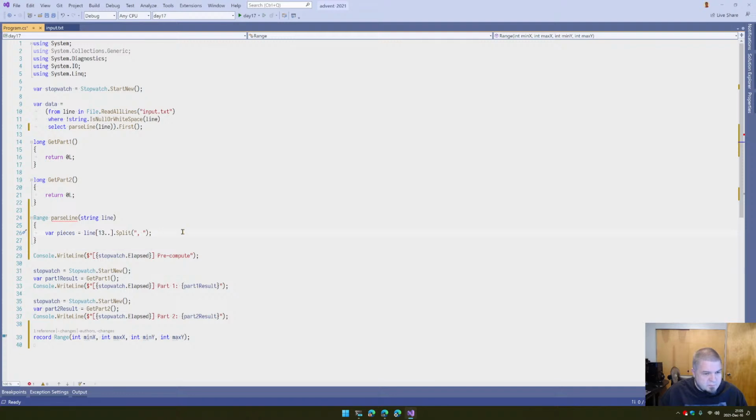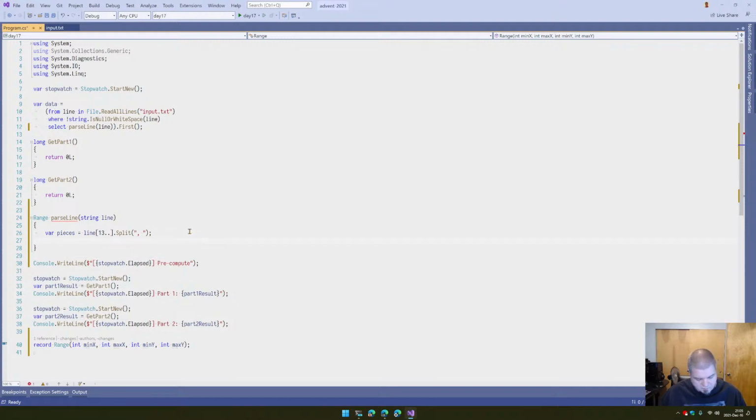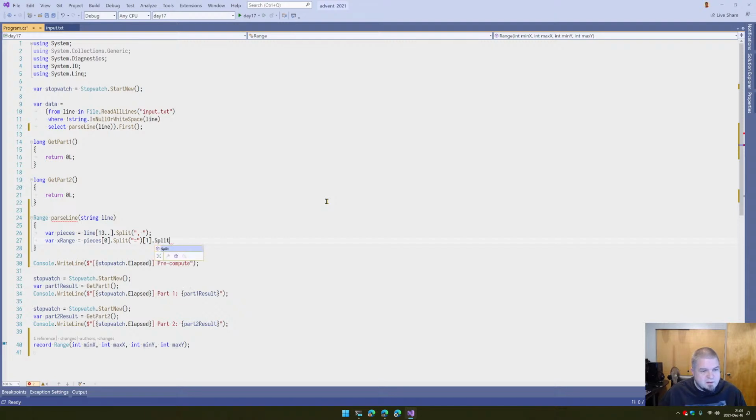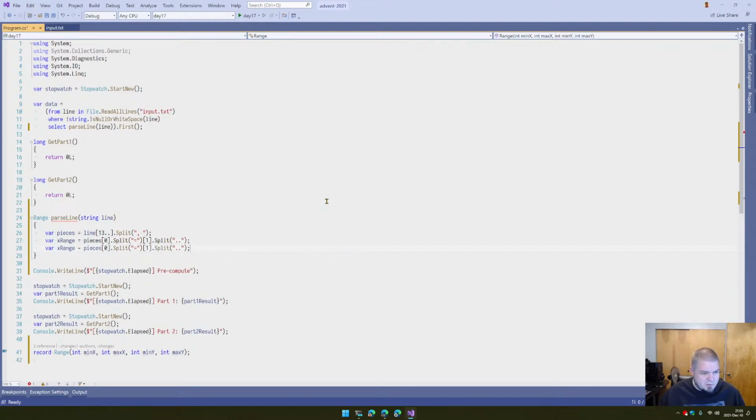And then x range is going to be pieces sub 0 split on equals, right? And then we'll take the first piece of that and then split it again on double dots.